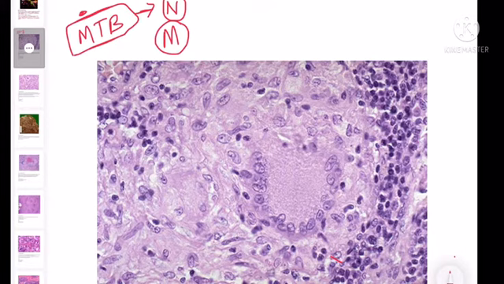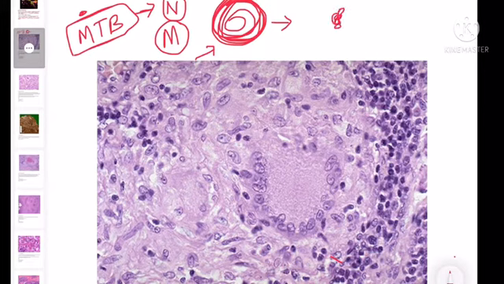That's why a focal inflammatory area along with specialized cells and necrotic material is formed, and this is what we call the granuloma. So what are the contents of granuloma? The bacteria and the necrotic material in the center.